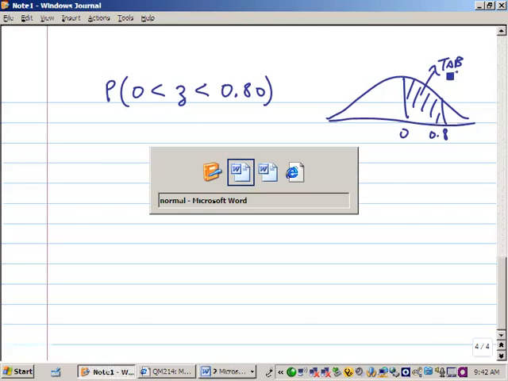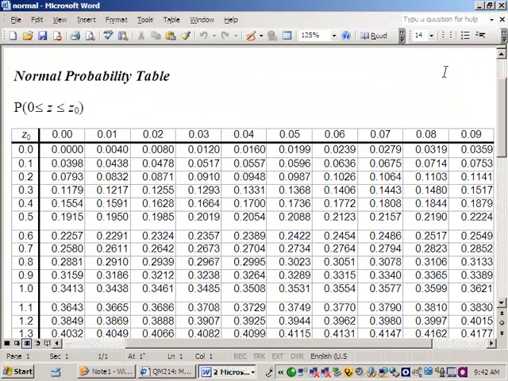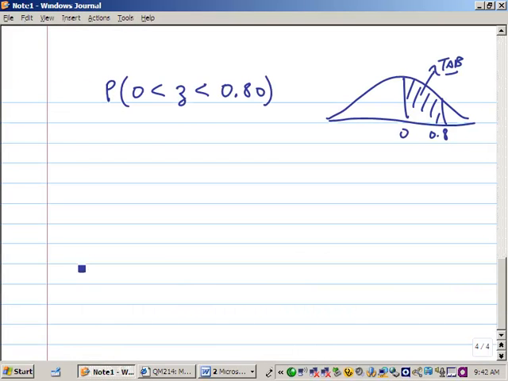For 0.8, the value for that probability is there, 0.2881. Because we have the first part of the value, 0.8, there, and this will add to the 0.8, but that's still 0.8, and so our value is 0.2881.